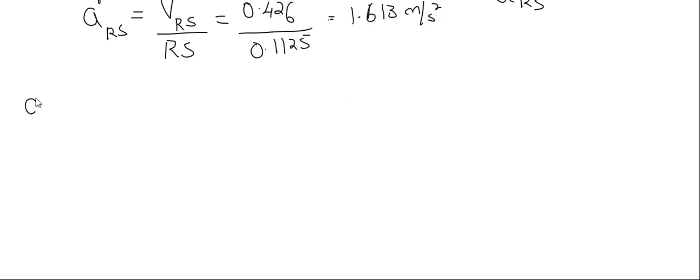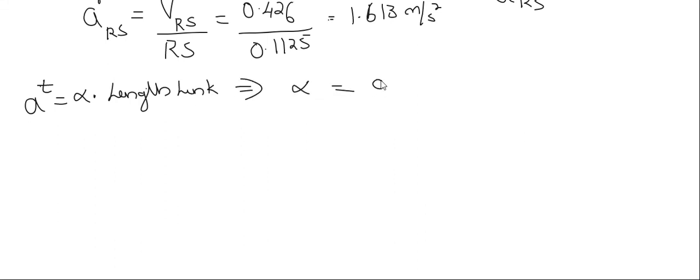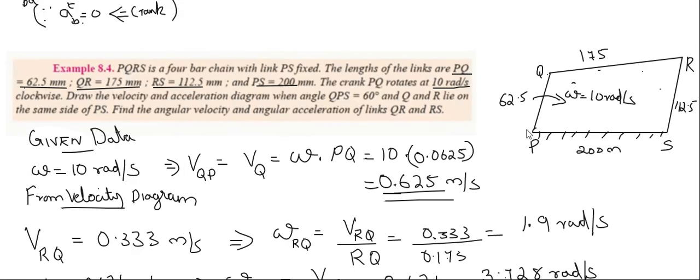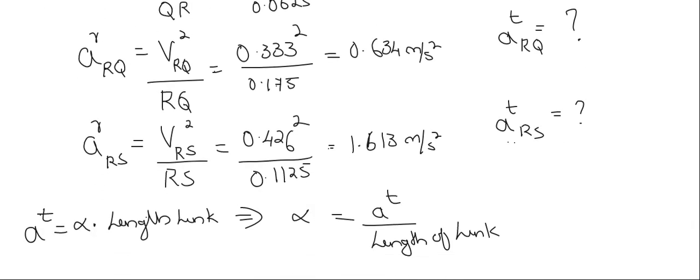We know AT is equal to alpha times length of the link, which implies alpha is equal to AT divided by length of the link. So from this equation, if you know AT RQ, you can get alpha RQ. If you know AT RS, you can get alpha RS, that is the angular acceleration of link RS and of link RQ. And we need not find it for QP because there is no tangential component, so angular acceleration will be 0.